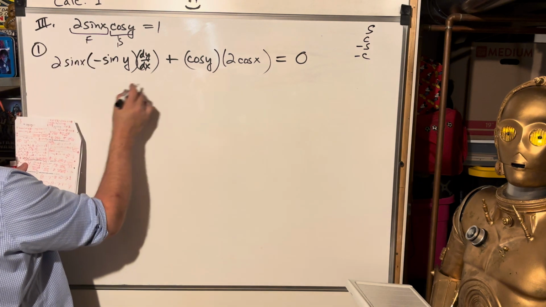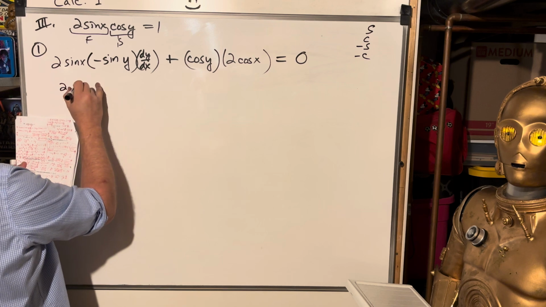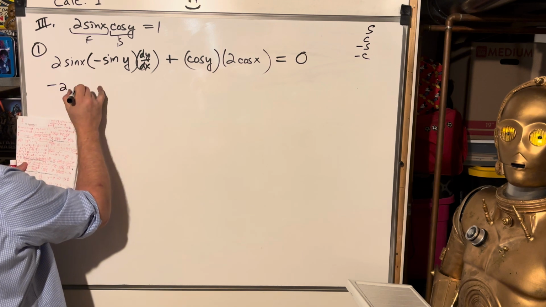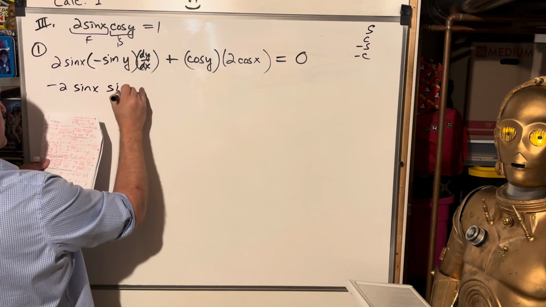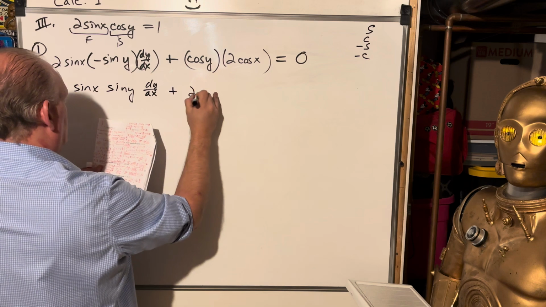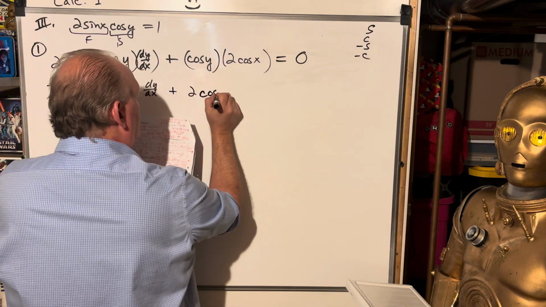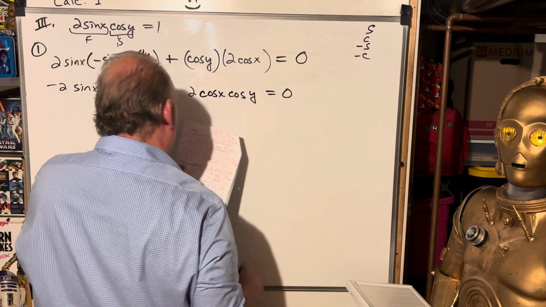So let's see what we got here. We have negative 2 sine x sine y dy dx plus 2 cosine x cosine y equals 0.